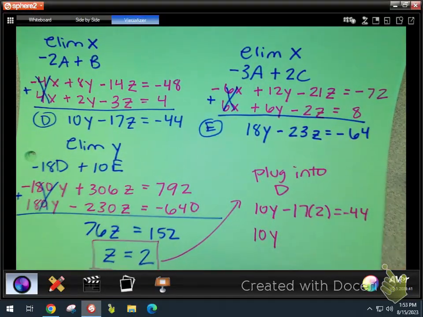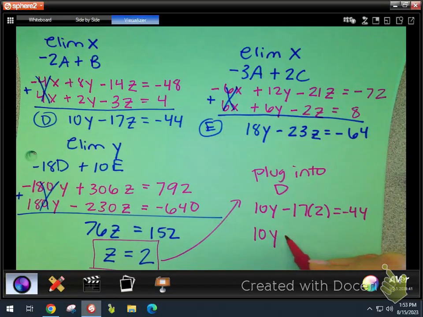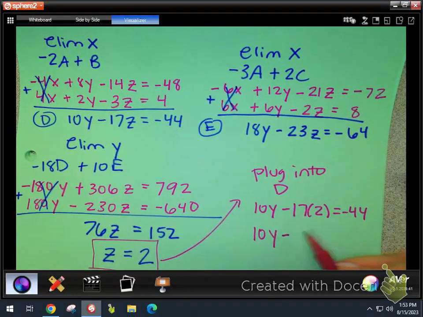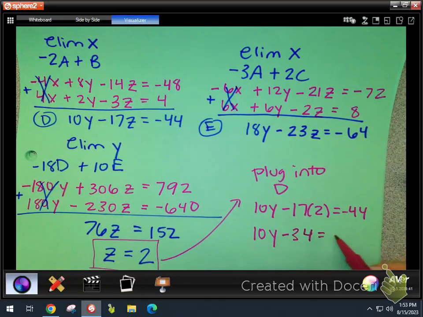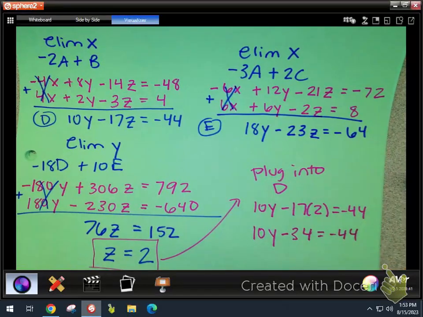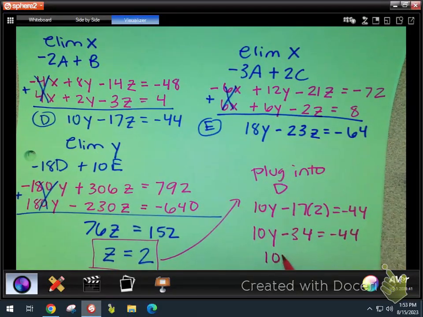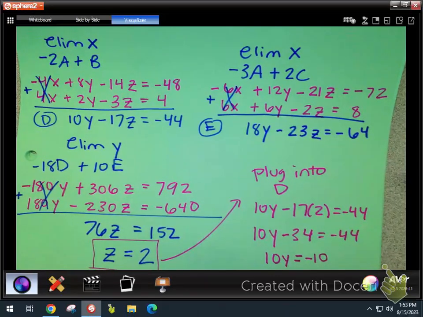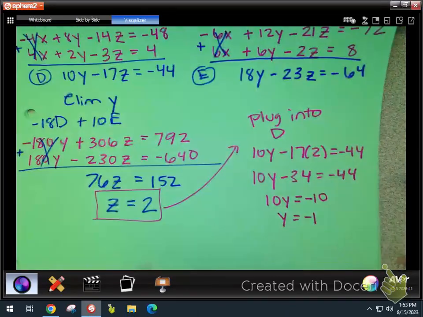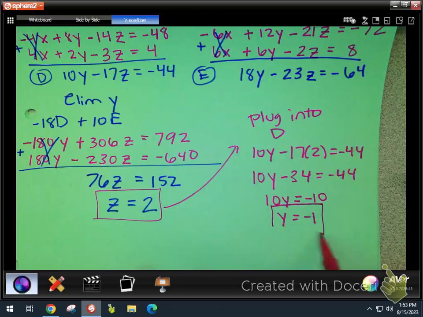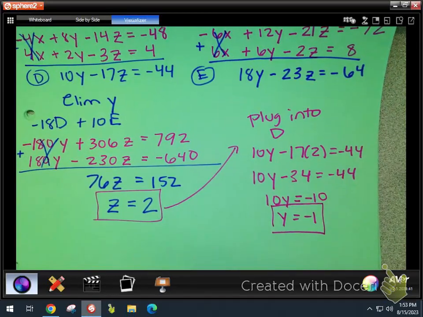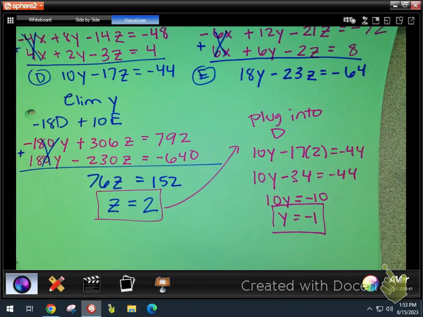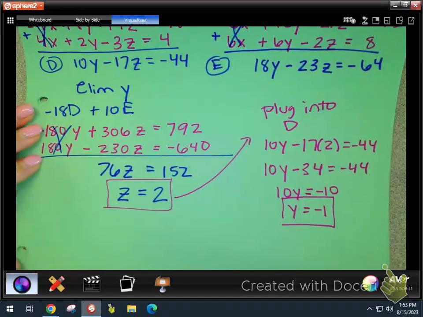That's why I do my z's like that, because my handwriting is just so sloppy, you just can't tell. What is this, 34? I got y equals negative 1. Plug back in.